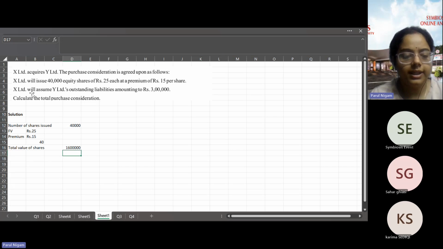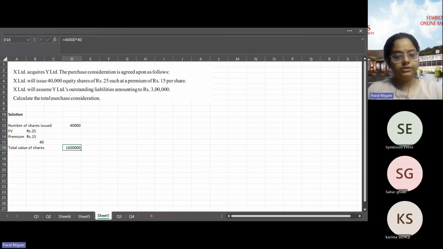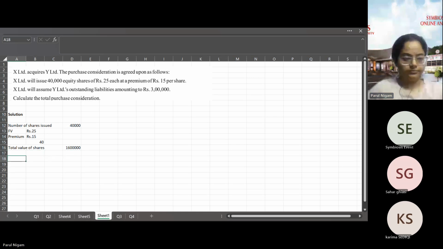Okay. Then X Limited will assume Y Limited's outstanding liabilities. Okay. So you are giving shares of this much and then you are saying that okay, we are going to pay your liability also. So liability is assumed. Liability, that is how much? 3 lakh.